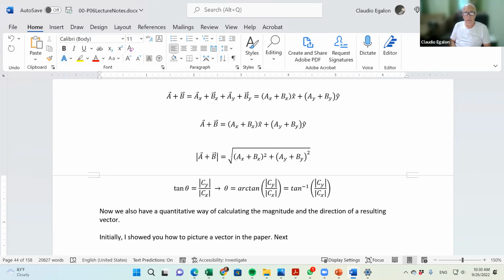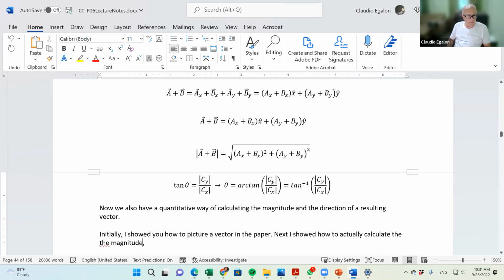Next, I showed how to actually calculate the magnitude of a vector, the magnitude and direction of a vector, plus the sum of two vectors algebraically.